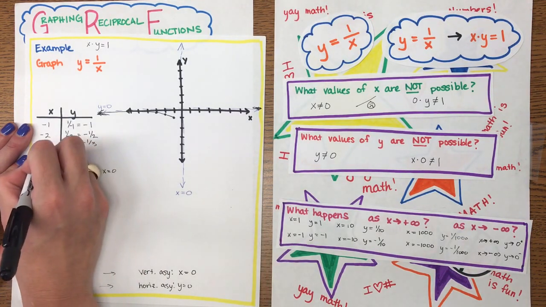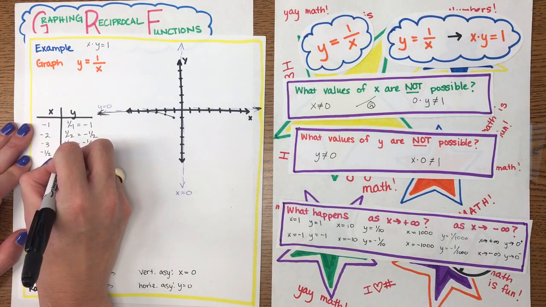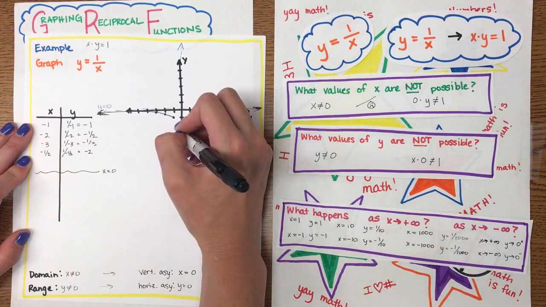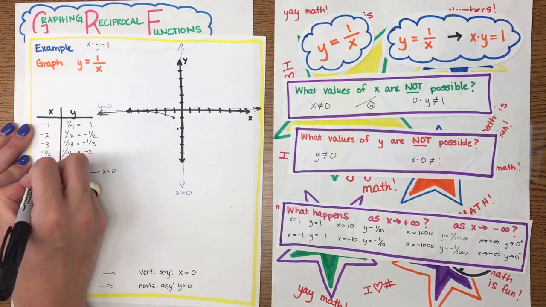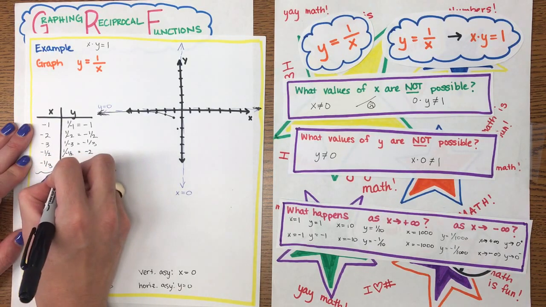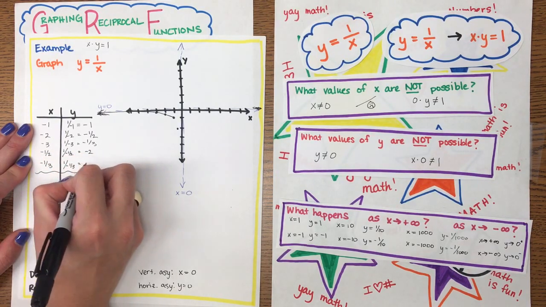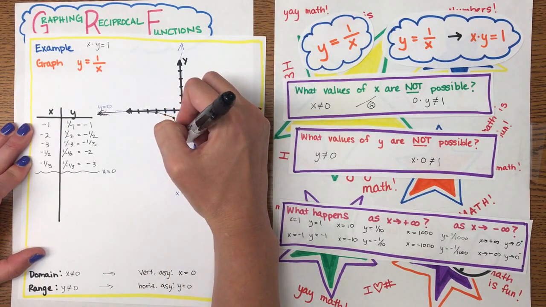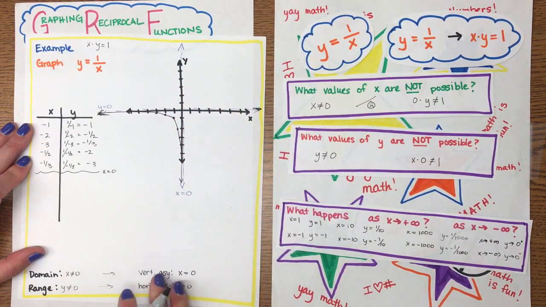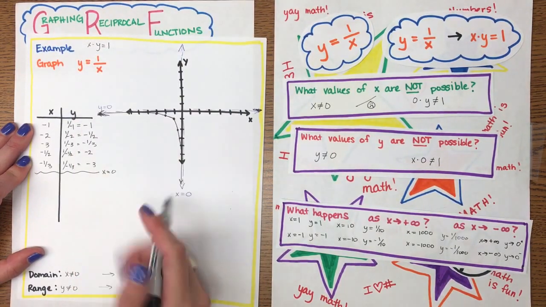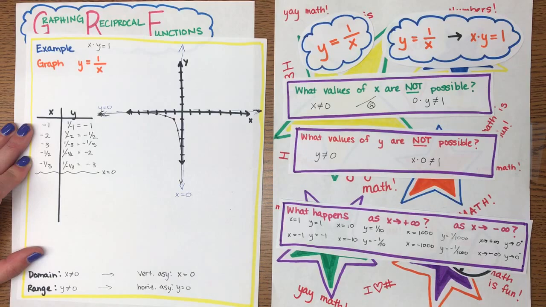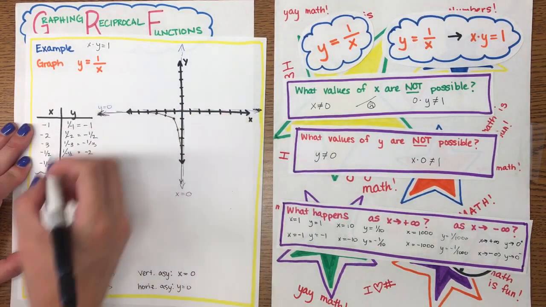If I plug in negative 1/2, I get 1 over negative 1/2, which is just negative 2. And if I plug in negative 1/3, I get negative 3. So as I get closer and closer to 0, my y values get closer and closer to negative infinity.